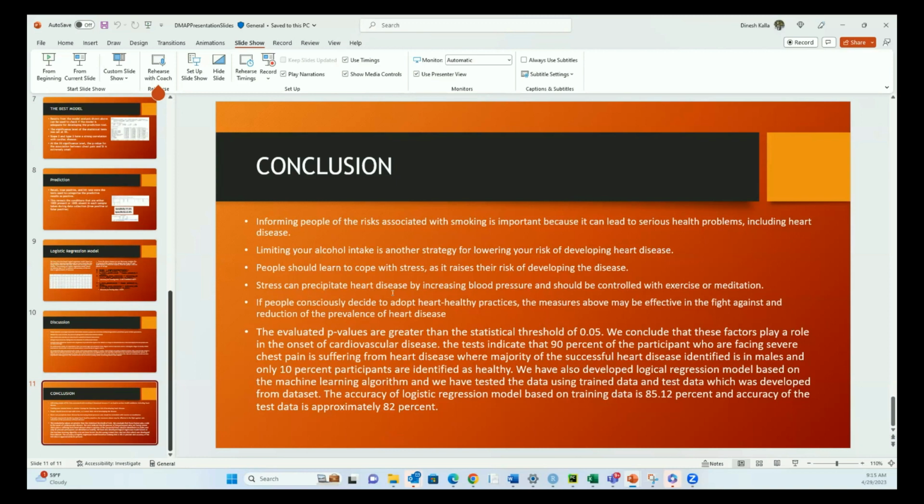We can also give frequent updates to patients. If we detect heart disease in the early stage, it will be very easy to cure. So this kind of chi-square test and prediction using logistic regression is really helpful in predicting heart diseases.